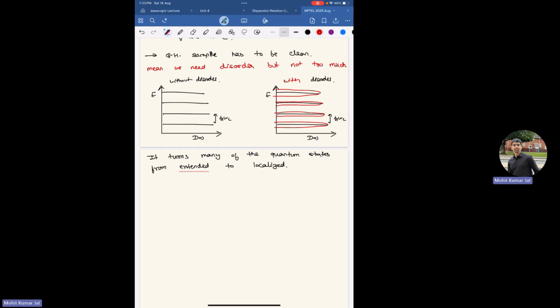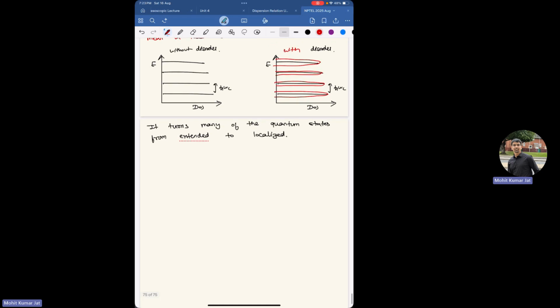Let me just write the extended state and the localized state definitions also. An extended state is a state that is spread throughout the whole system.